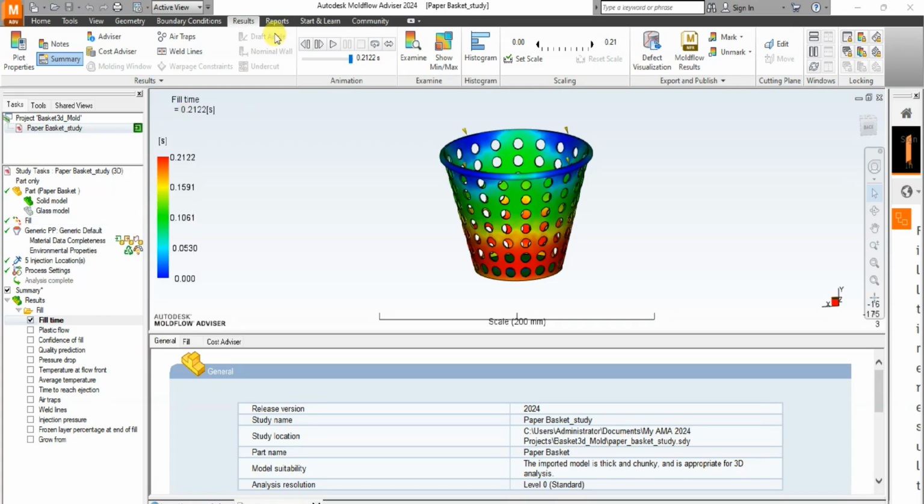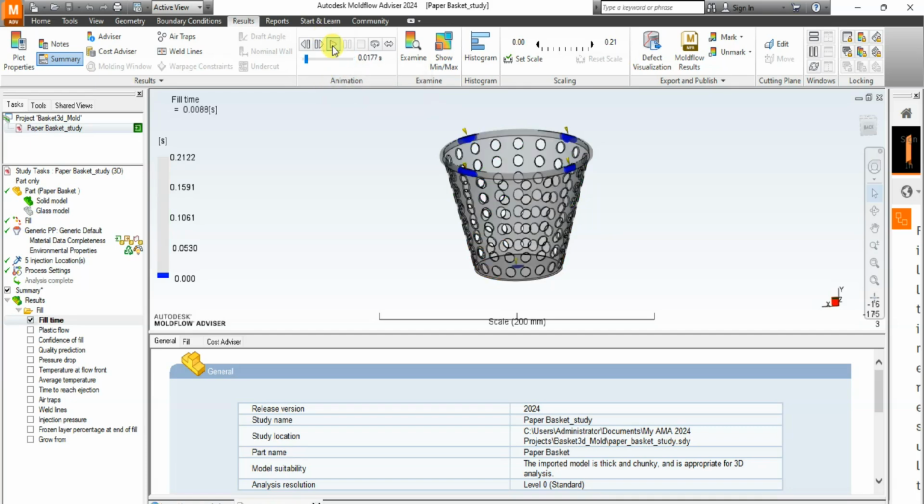It actually means that the part is good and there is a very high confidence of production time. Also take note that if the flow takes place simultaneously, like you can see in the animation now, it is a very good indication of the end product itself.